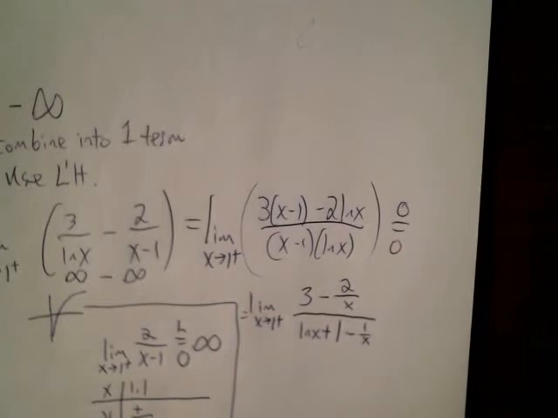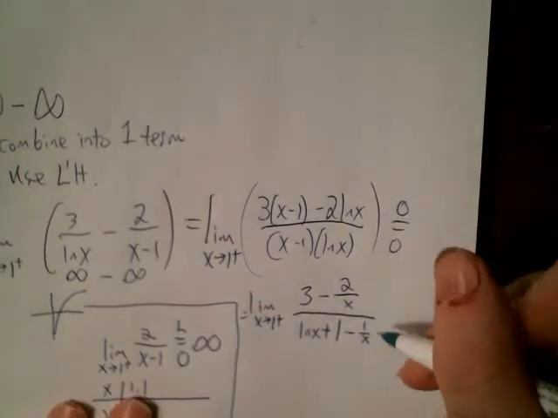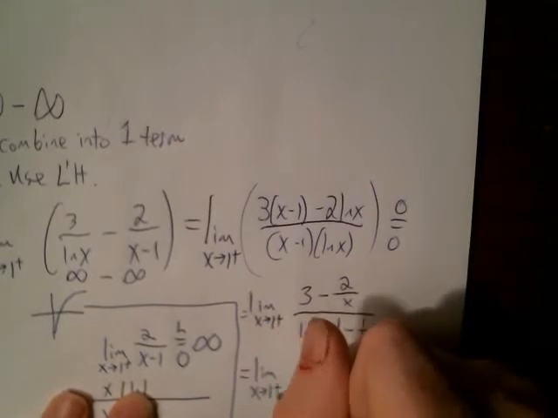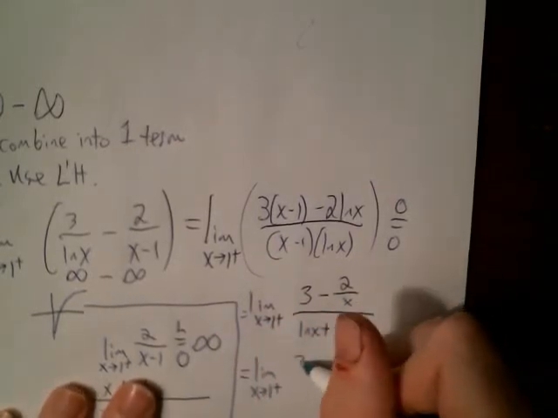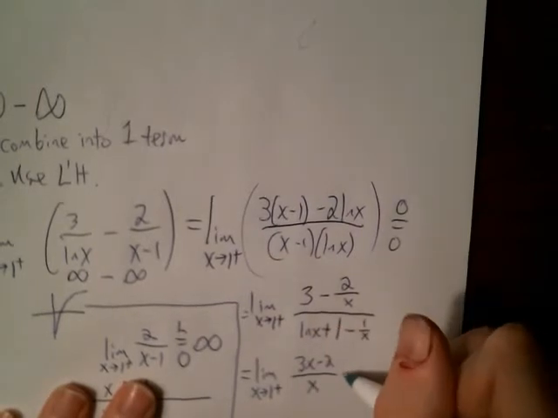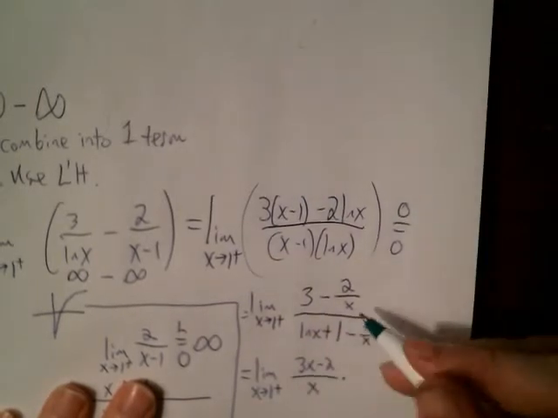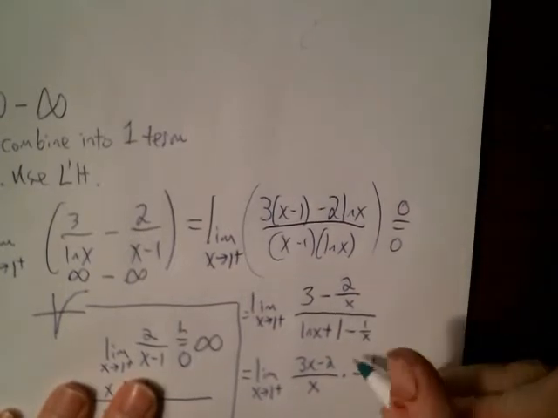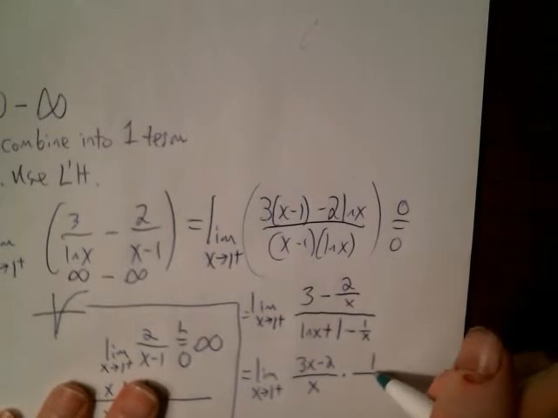So this is a bit of a mess. Let's rewrite the heck out of it, if possible. This is the limit as x goes to 1 from the right of 3x minus 2 all over x, times the reciprocal of this junk. So that's 1 all over, if I find a common denominator there, it's going to be x.